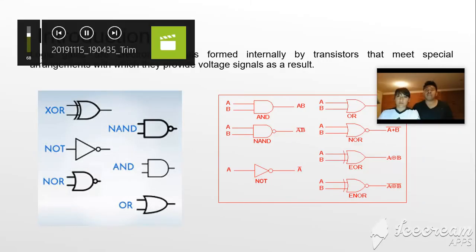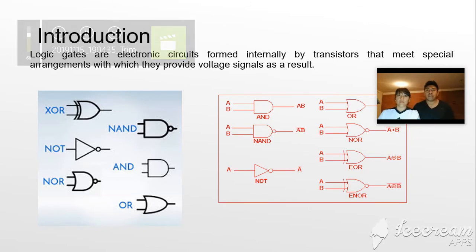Logic gates are electronic circuits formed internally by transistors in special arrangements, which provide a voltage signal as the result, or an output in Boolean form, obtained by binary logic operations, for example, sum, multiplication, etc. They also deny, affirm, include, or exclude according to the logic properties.